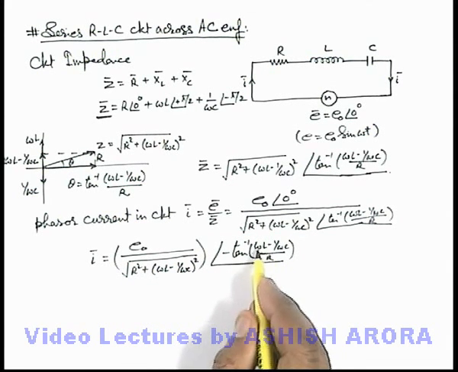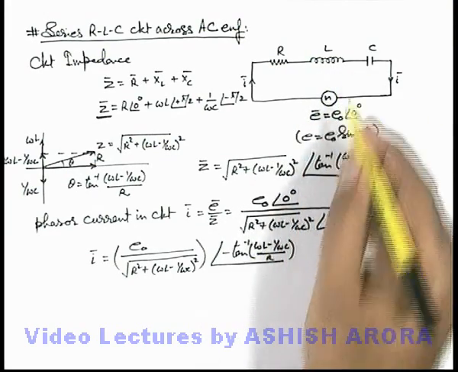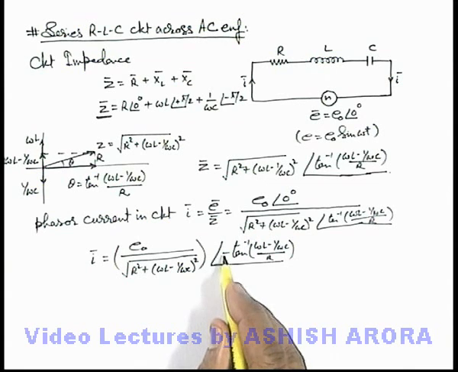Which is obvious because the ohmic opposition of the inductor is more than that of the capacitor, so current will ultimately lag behind.